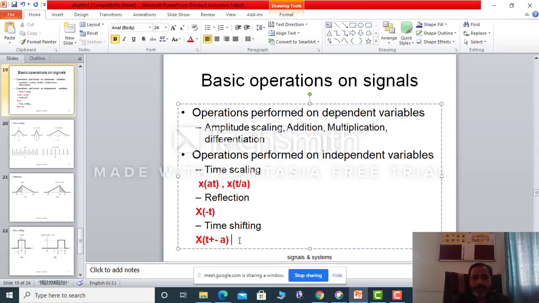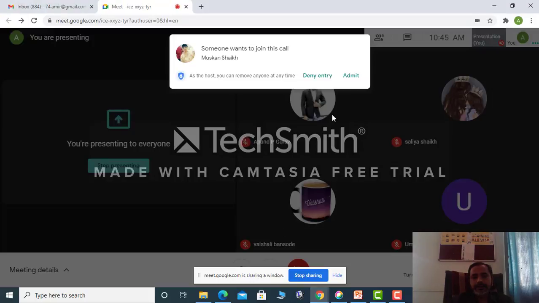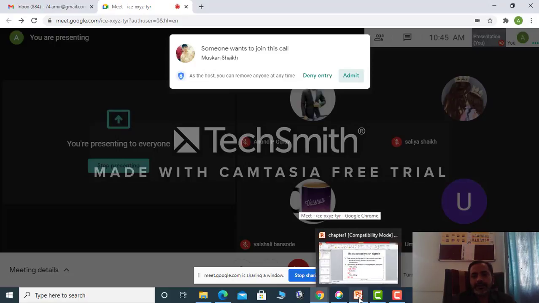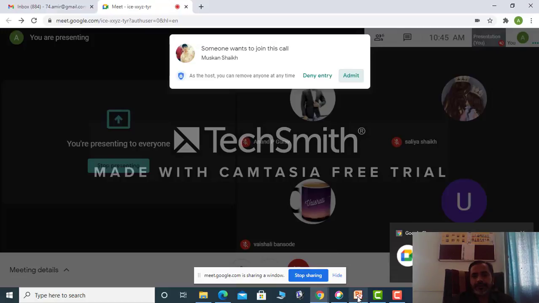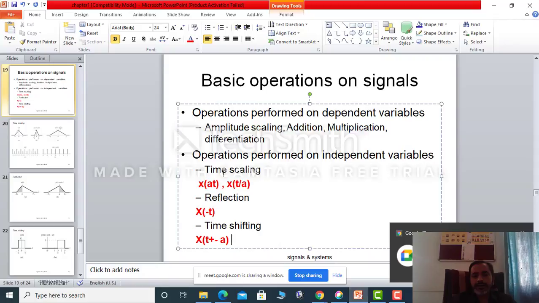where plus or minus sign indicates shifting operation.